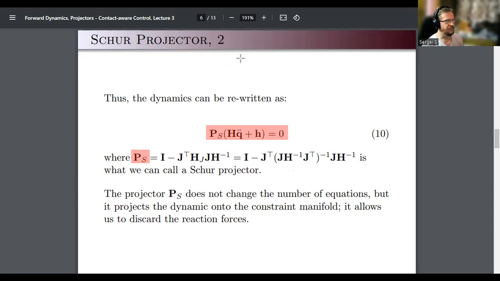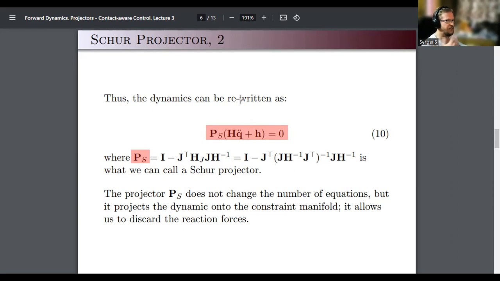Whereas previously we have differential algebraic equations, where we have n differential equations and k constraint algebraic equations, which even if they are differentiated twice become also differential equations. So we have n plus k equations. Here we have n equations. So, fewer equations.